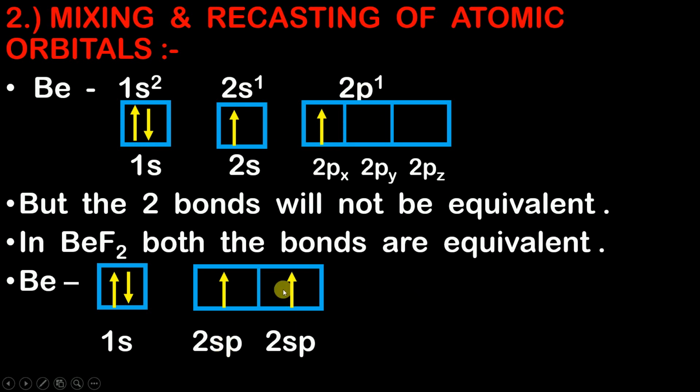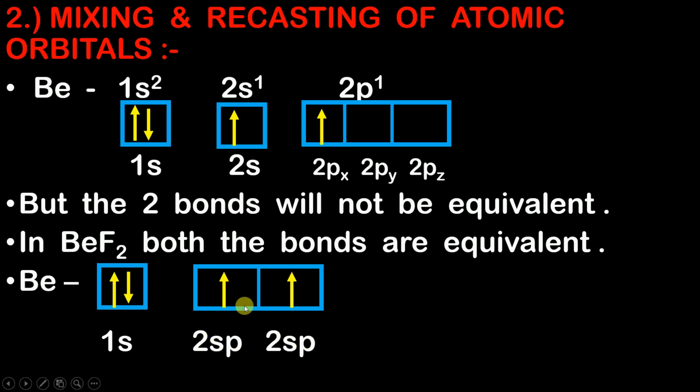And guys, as you can see over here, now the orbitals have become equivalent and the bonds formed by them will also be equal. So this is called mixing and recasting of atomic orbitals. And this 2sp, we get 2 2sp orbitals.